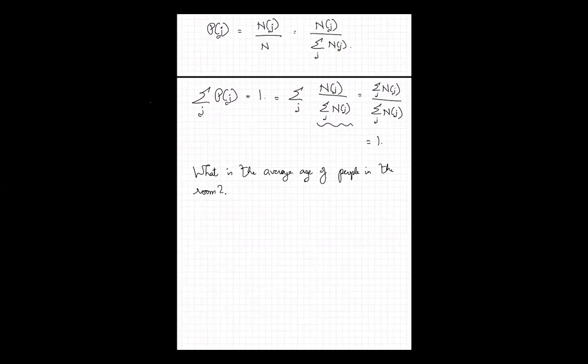Whenever you want to compute the average of any quantity, I will denote this average by a symbol like this, two angular brackets. This is the average value of the quantity j. This is equal to the sum over j of j times the number of people with that particular age divided by the total number of people.